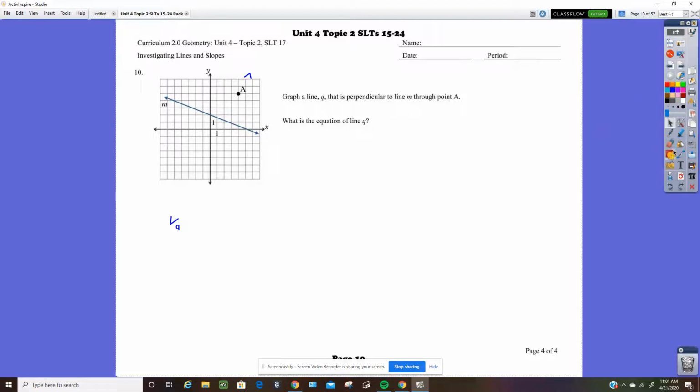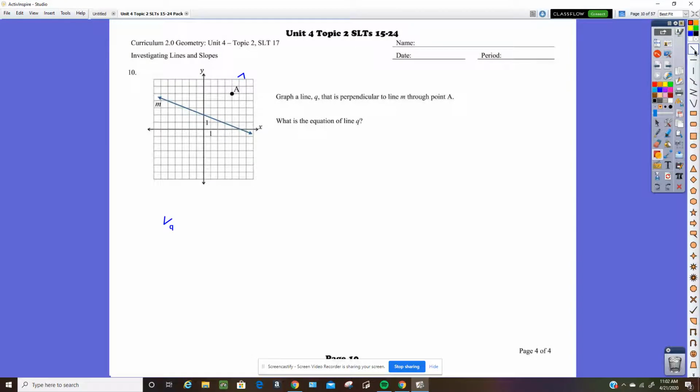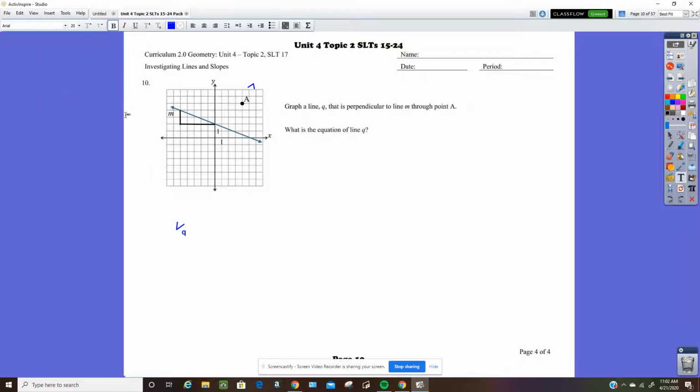All right, so if I find the slope of the original line here, let me do the rise over the run again. So if I go this way and this way, the rise is 2, and the run is 1, 2, 3, 4, 5.